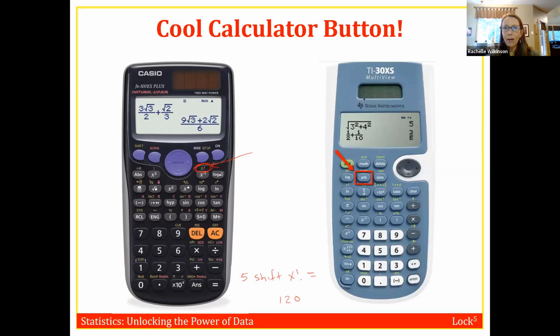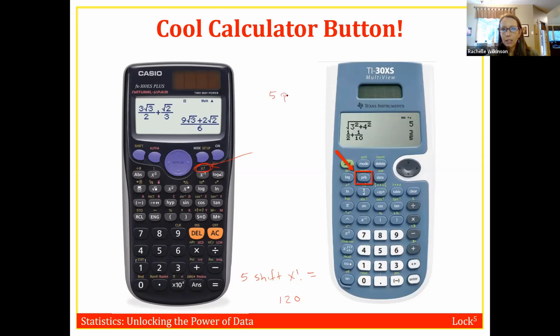All right, now if you have a TI, and most of the TIs that I've seen work this way, then what you're looking for is a probability button on your calculator, and it's going to have a little menu in it. So look for something that says prob or PRB. Okay, so on the TI, you're going to click your 5 first, just like you did before.